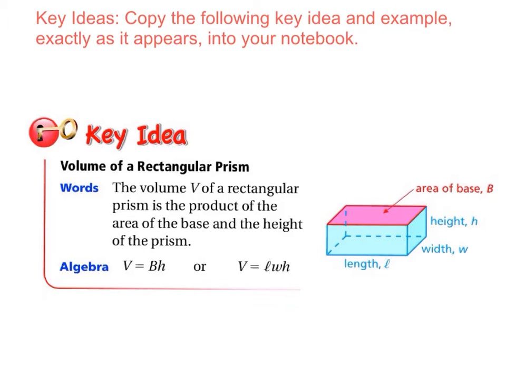Be careful when you write this and use a capital B times the height, because otherwise a lowercase b means something else. So be sure you write that as a capital B.